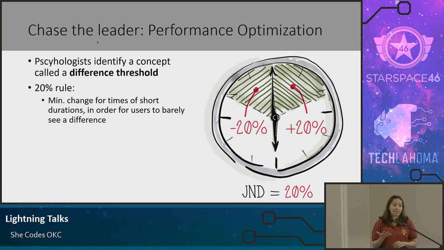So if you have a 5-second loading time, 20% of that is 1 second. So if you improve the performance of your web page by half a second, nobody's going to notice. Alternately, if you decrease the performance by half a second, also nobody will notice. So you have a little bit of leeway on both sides there.